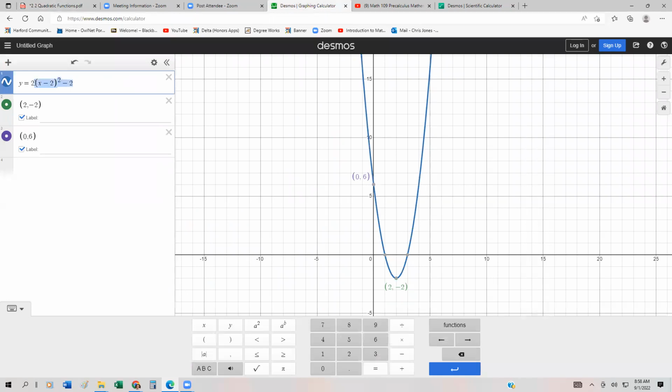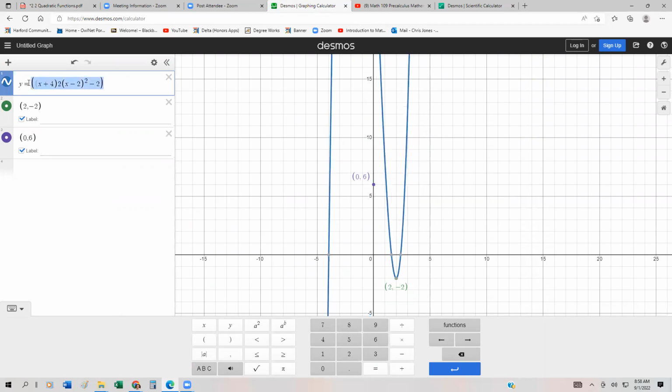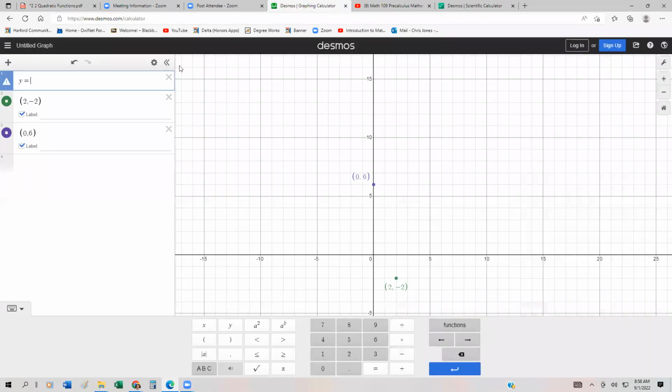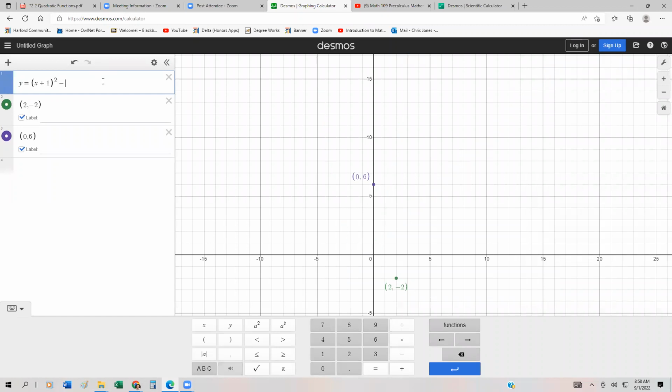So let's go ahead and plot. Let me go back. It was x plus 1 minus 4. So that's going to be (x plus 1) squared minus 4.